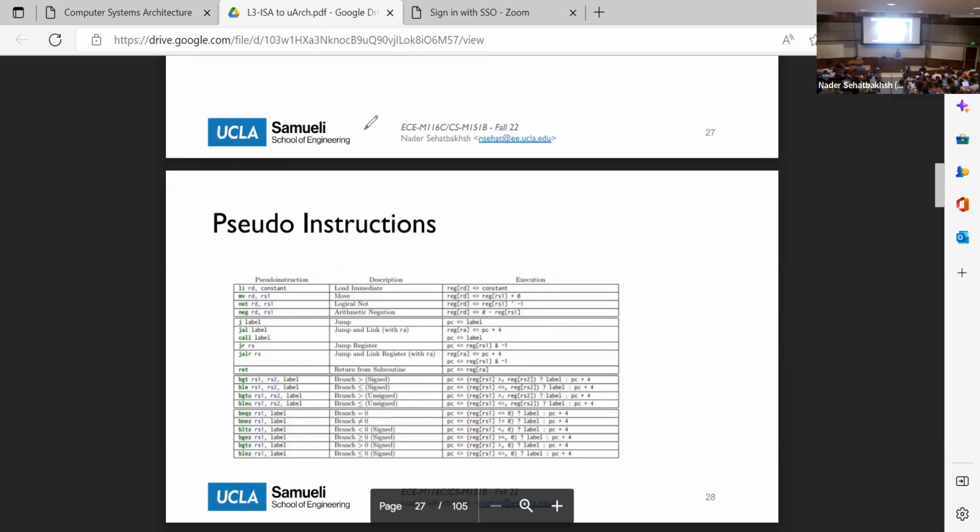Yeah. Are they similar to macros in something like C++? The question is, are they similar to macros? Conceptually, kind of, but just think about it as giving you additional instructions without really having the hardware support for it. Because you cannot just say, oh, I really want this instruction, how about adding it to my instruction set?